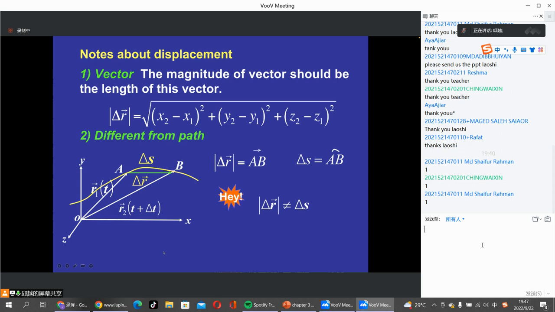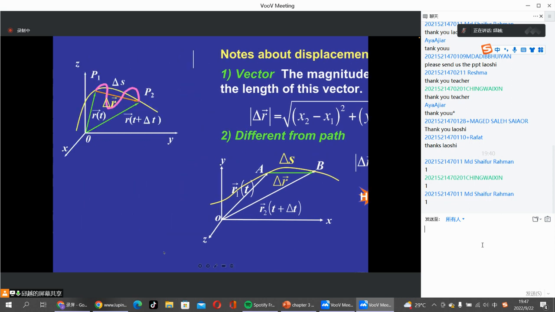And we can clearly say that the length of vector AB does not equal the path from A to B.